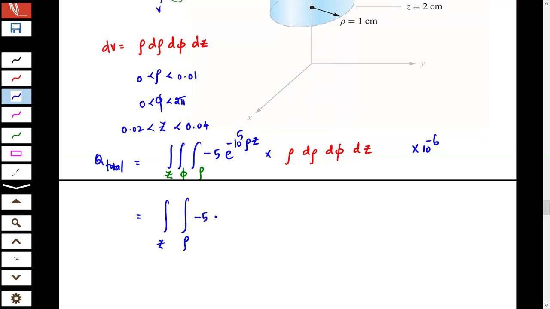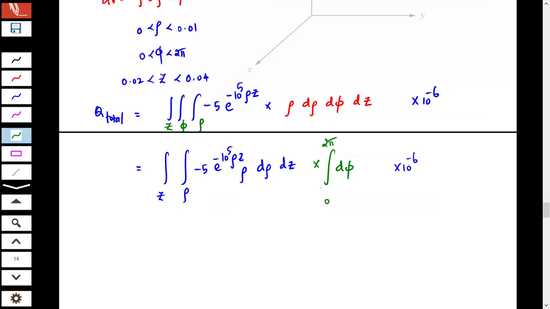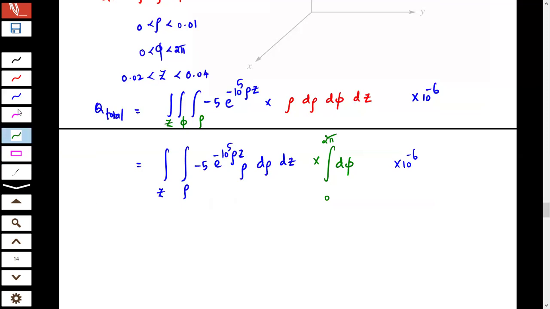That is minus 5 e power minus 10 power 5 rho z, rho, dz, I'm keeping as it is. I will first do integration for phi, integration d phi, and the entire thing has micro unit, so it is 10 power minus 6. This phi limits will be taken from 0 to 2 pi. Here, when we perform integration, it is required to use the angle for phi in radians.